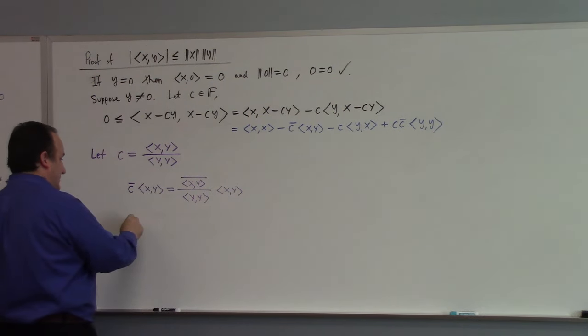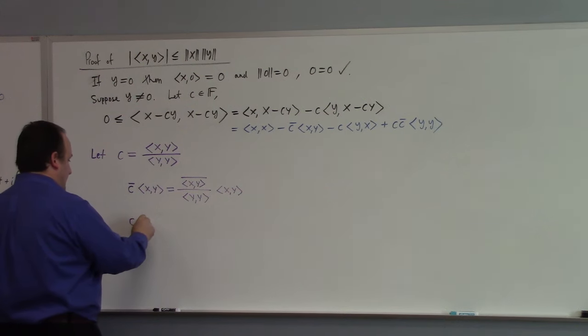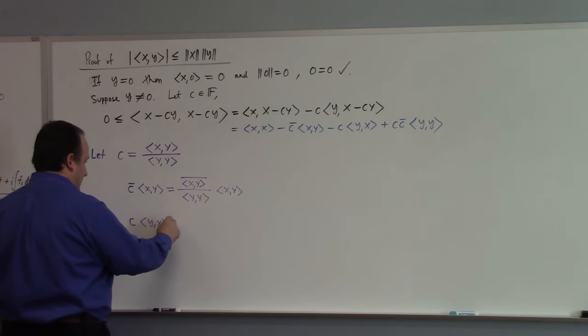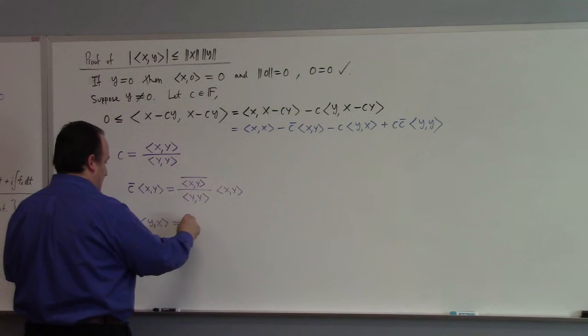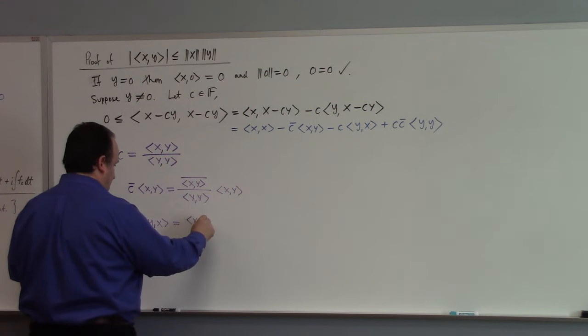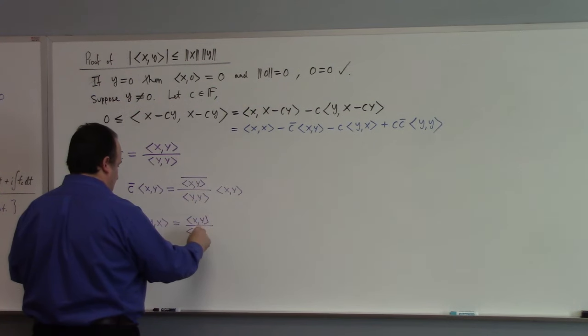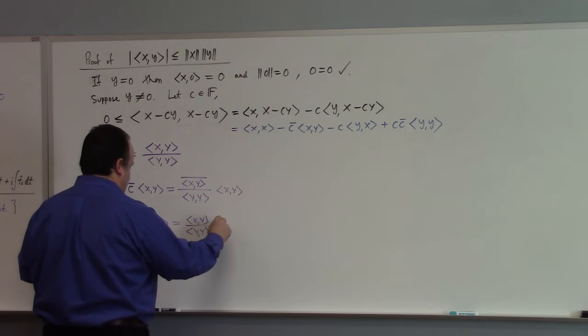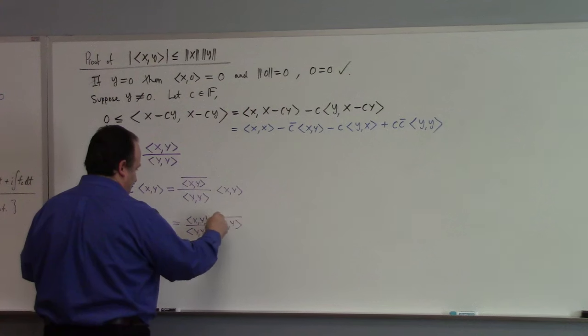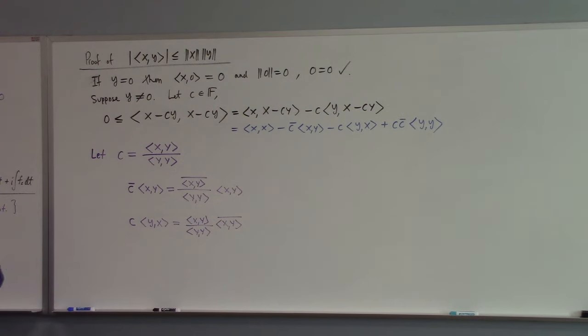Notice that c times the inner product of y and x is also equal to the inner product of x and y over the inner product of y and y, times the complex conjugate of the inner product of x and y by axiom. I switched the order of x and y to get the complex conjugate there.